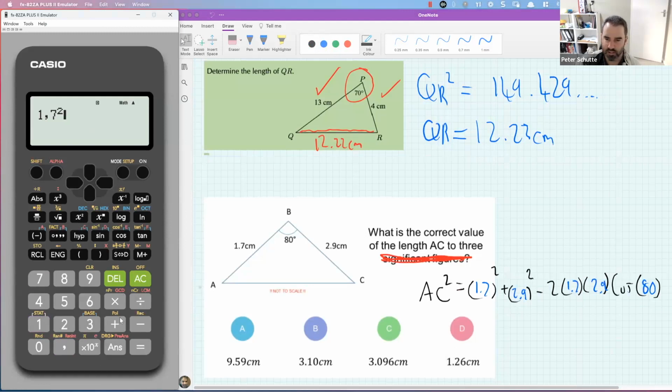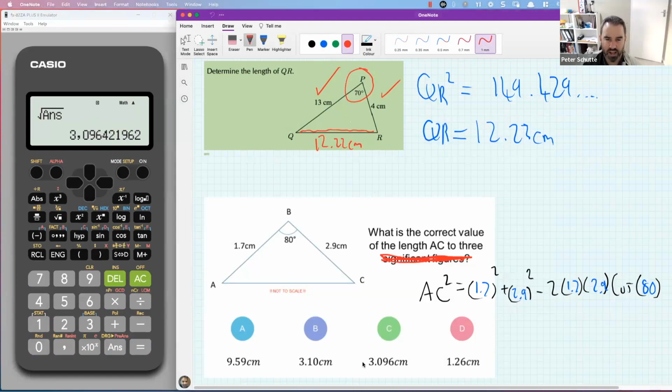Notice how the squared button comes in quite useful when you're doing the cos rule, because there's so many squares. And then we're going to go square root answer. 3.096 is what I get. Is there an option that goes with 3.096?